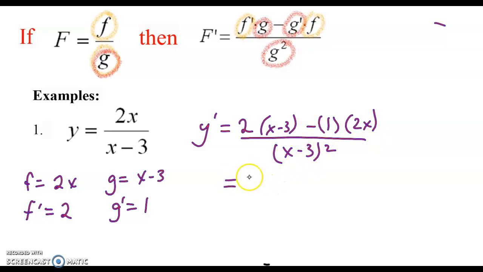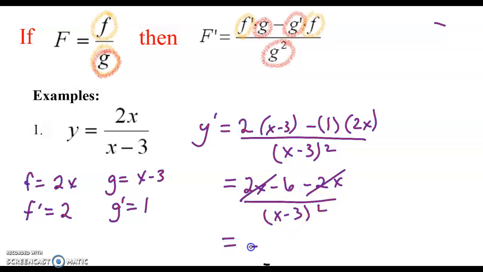And if I then do the work, it cancels out, and we're left with negative 6 over x minus 3 squared. Okay, so by defining this here, we can simply plug it in and find our answer.